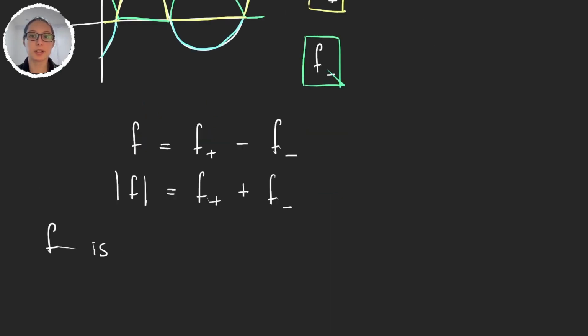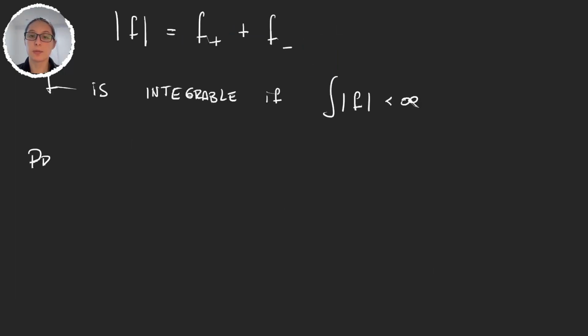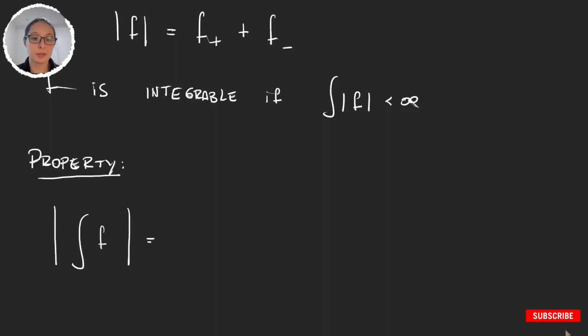And so we're going to say that a function is integrable if the integral of the modulus of that function is finite. One important property is the following. If we take the absolute value of the integral of f, we can just separate f in the positive and negative part, which will give us the integral of f plus minus the integral of f minus.